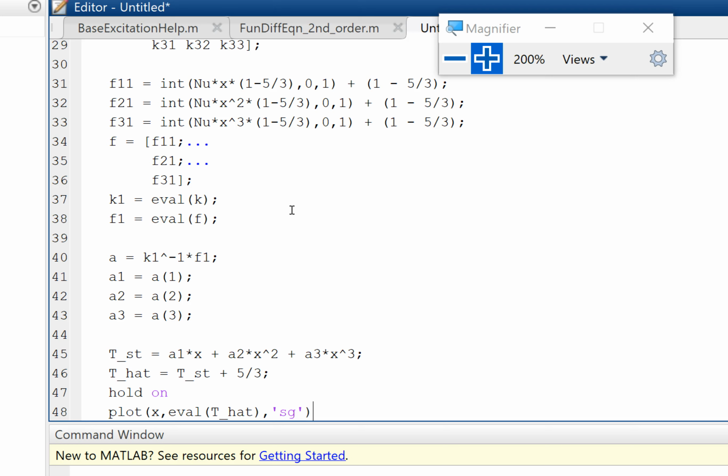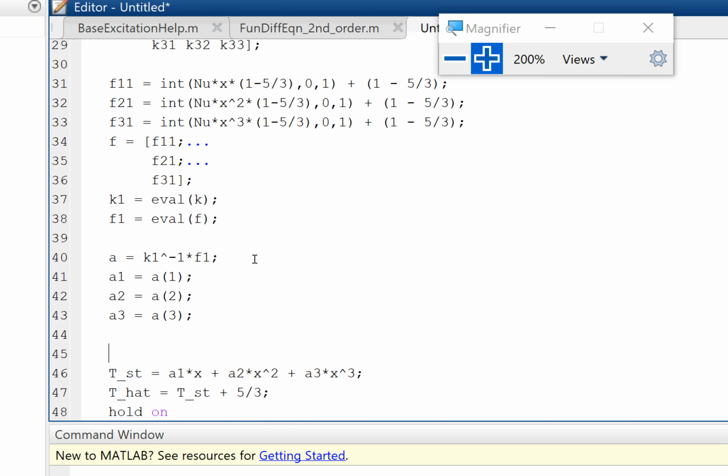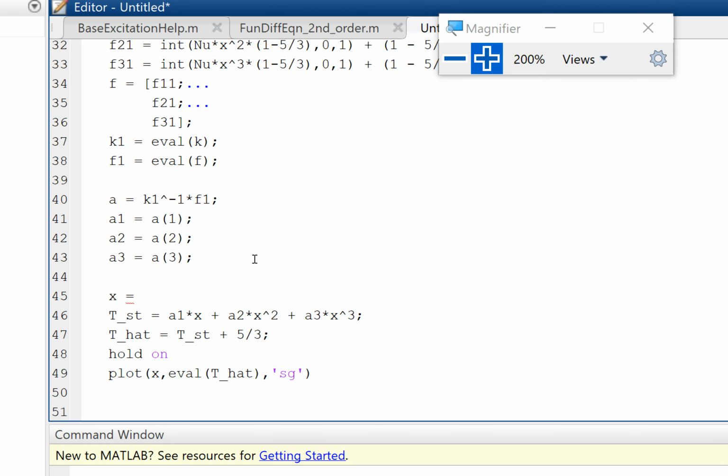Well, if that doesn't work, this is what we'll do. Right here, just define X again. You could do that. That should work.